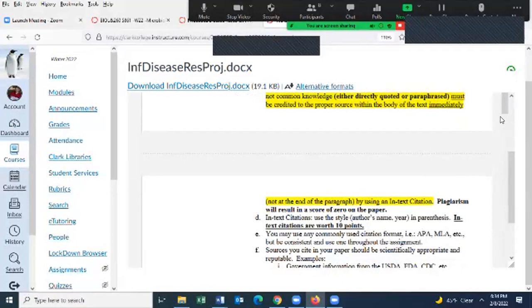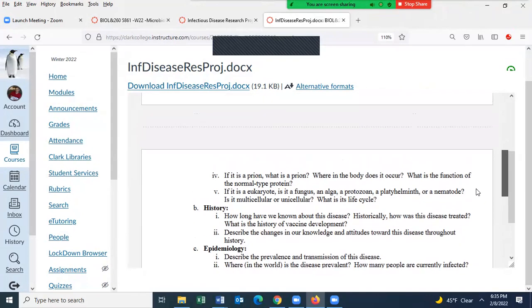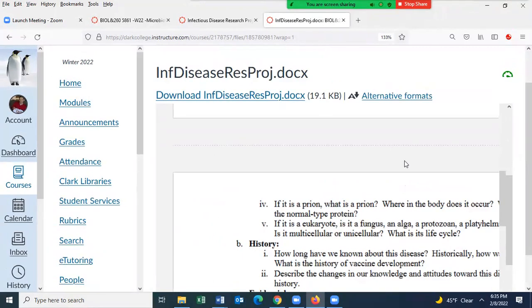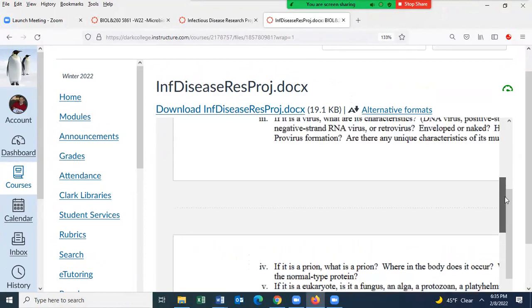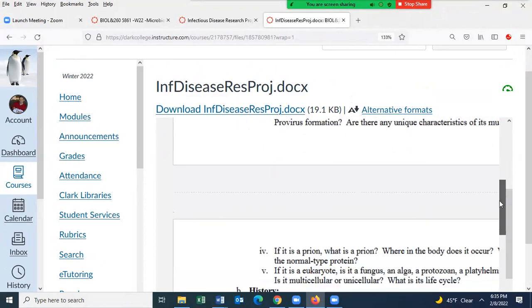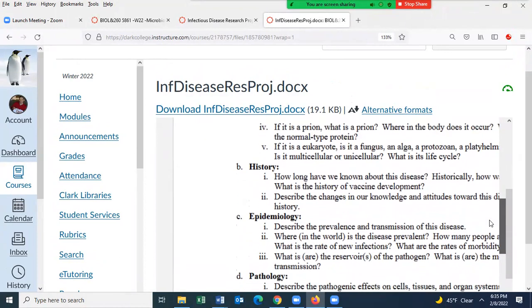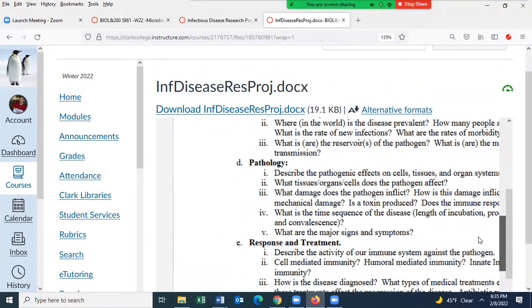So if you come down to the grading, this will be a little difficult to read because it's in the web page, but I'll blow it up. Pathology.